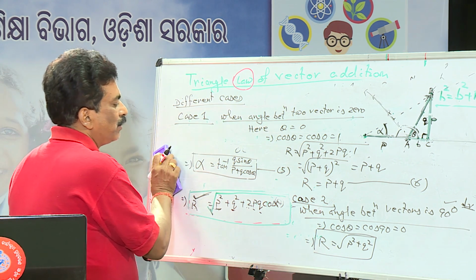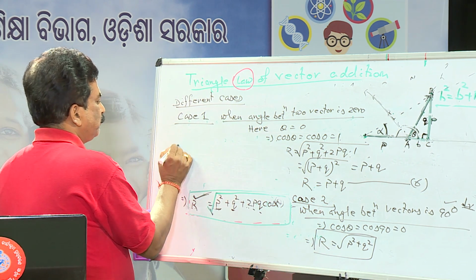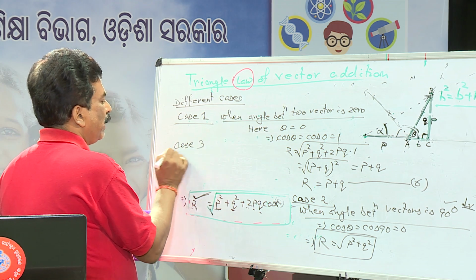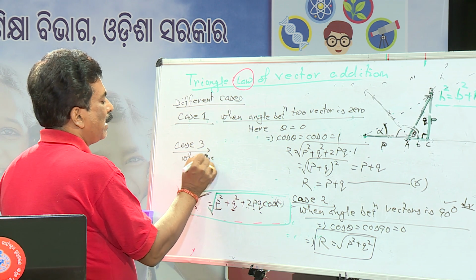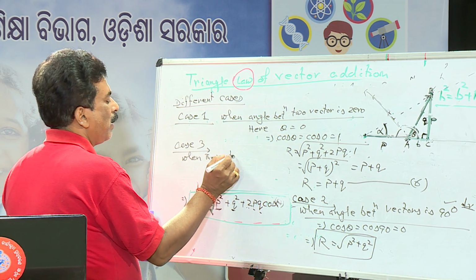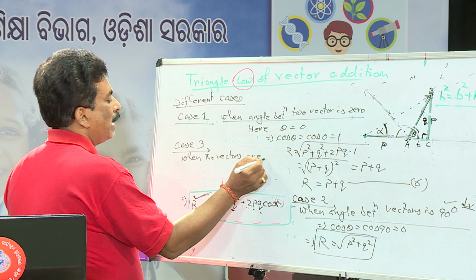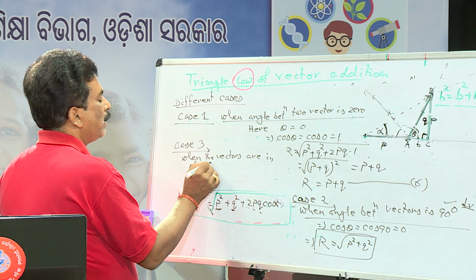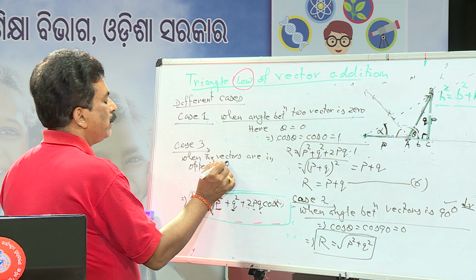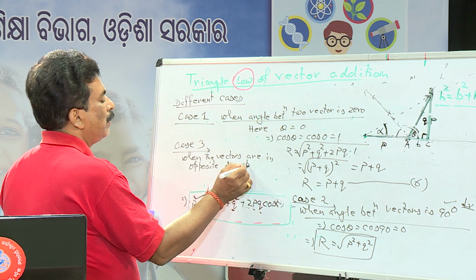Then we will go for the third case. Case 3, when the vectors are in opposite direction, meaning they are anti-parallel.